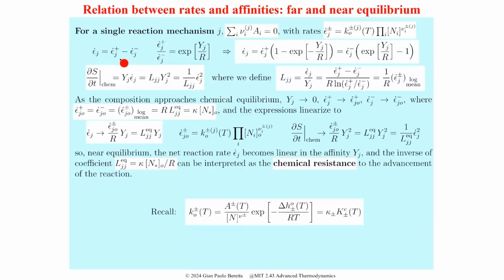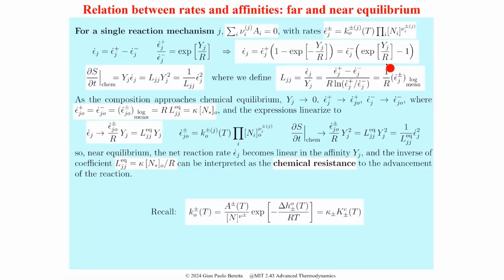Now we can write this difference also by using this ratio in this way. We factor epsilon plus out, and inside remains epsilon minus over epsilon plus, which is e to the minus the affinity. Or we can factor also epsilon minus dot minus, and this is the equivalent expression.